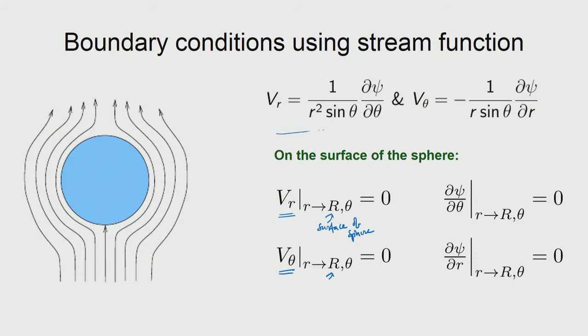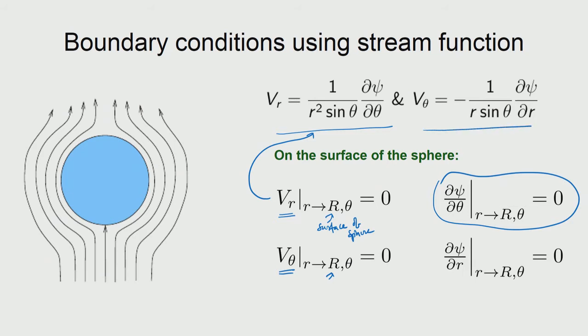And if you look at the definition, then when you inspect, it should also imply a condition on psi, and that condition, as you can see, is that if Vr is 0 at r equal to capital R, that means dou psi by dou theta also should be 0 at the same condition. So, this is one boundary condition we get from the first condition, and using this definition, you could then combine here, and we will get the boundary condition with respect to r and theta.